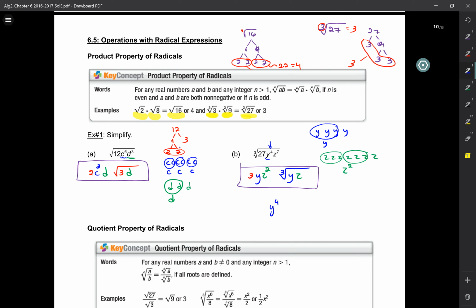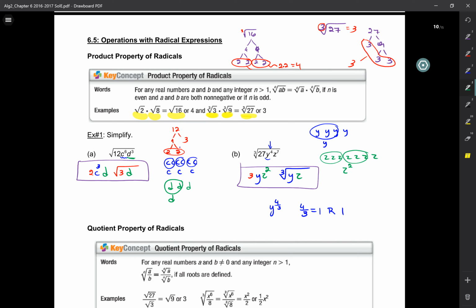So what if I did 4 divided by 3? What would that give me? It would be 1 remainder 1. That means one y comes out, one y stays in.